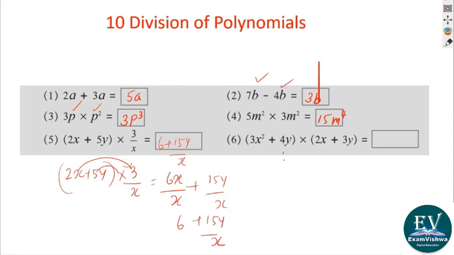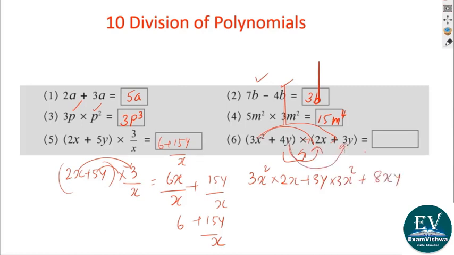And here is something with more steps. You will be multiplying 3x square with 2x first, then 3x square with 3y. Then you will have 4y multiplied with 2x, which is equal to 8xy, and 4y multiplied by 3y, which is equal to 12y square.